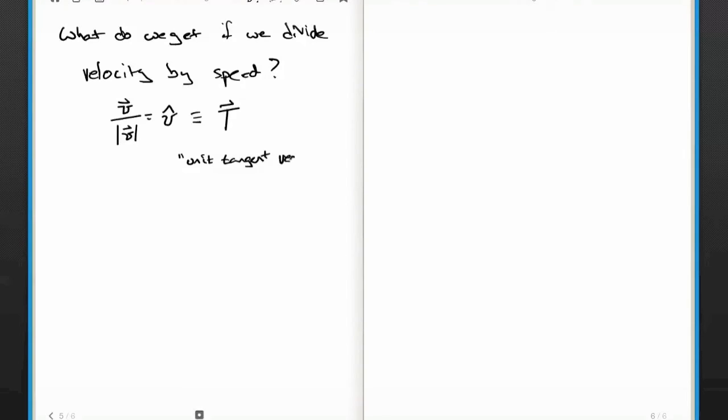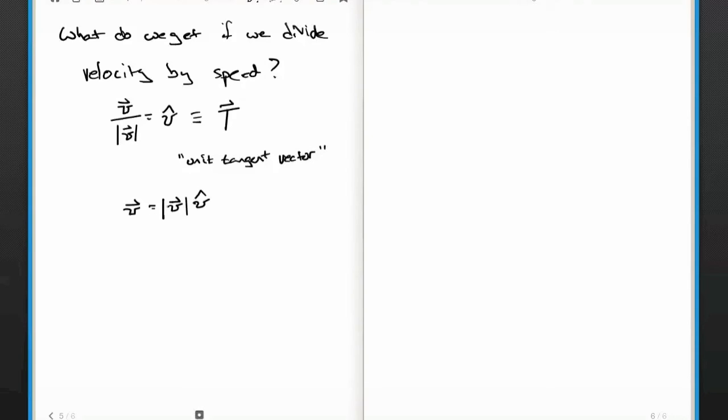Okay. And so another way to think about this, if we do a little algebra here, we could say that the velocity equals some magnitude of velocity times this v hat.